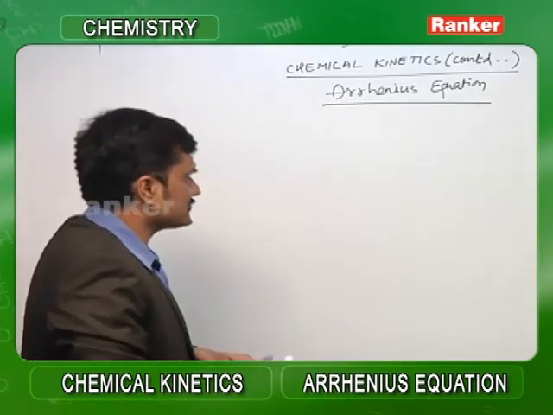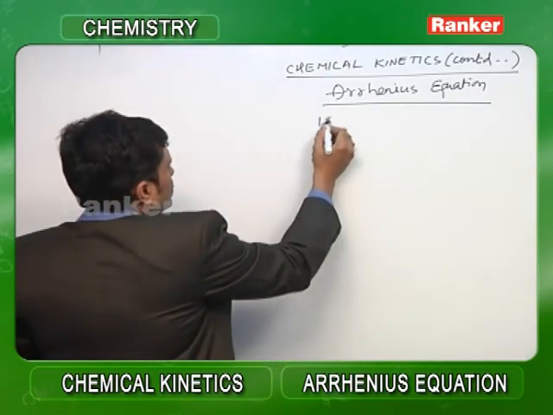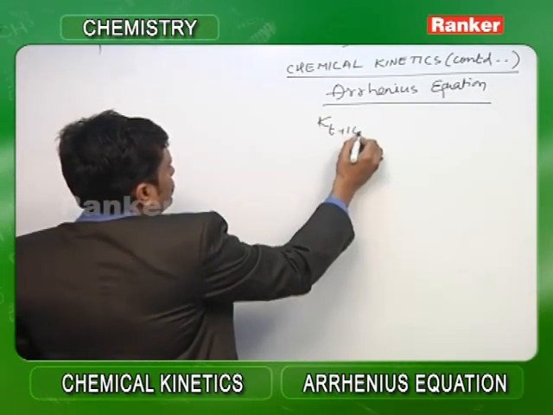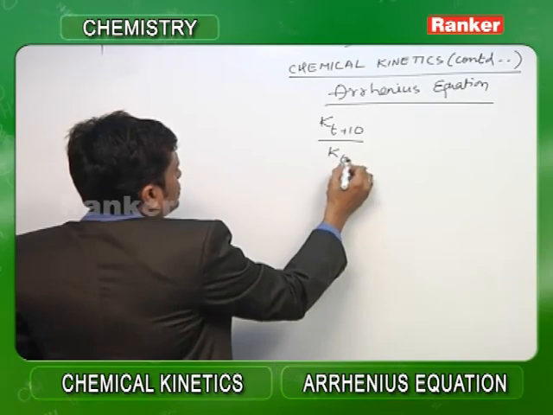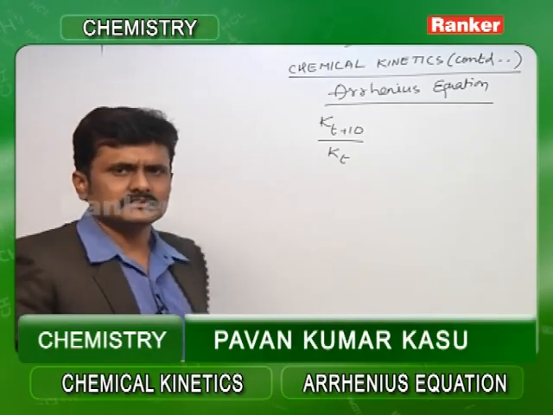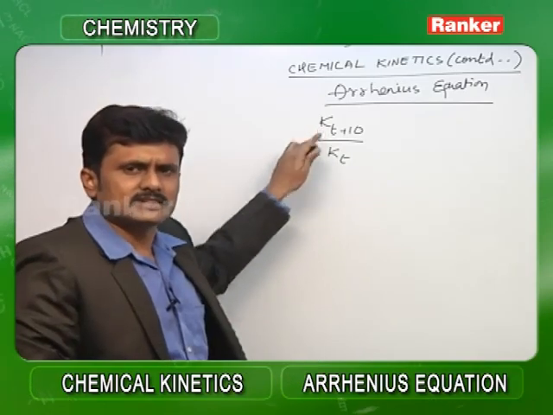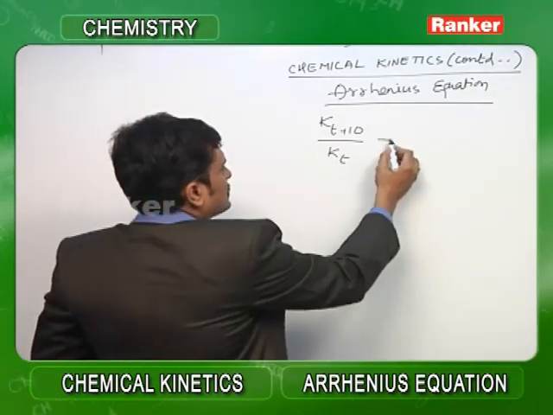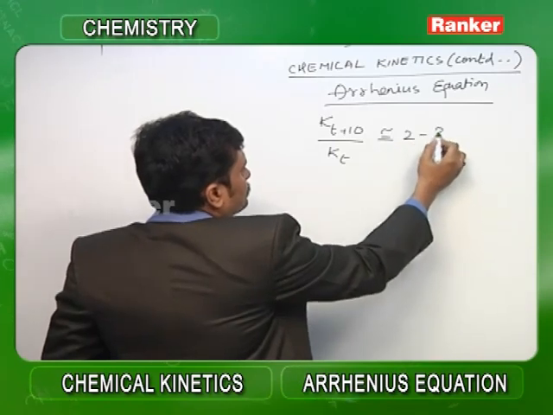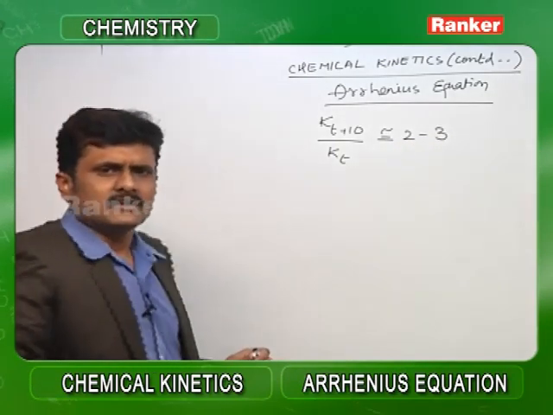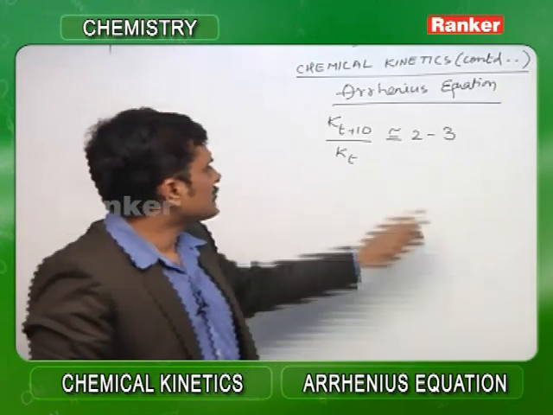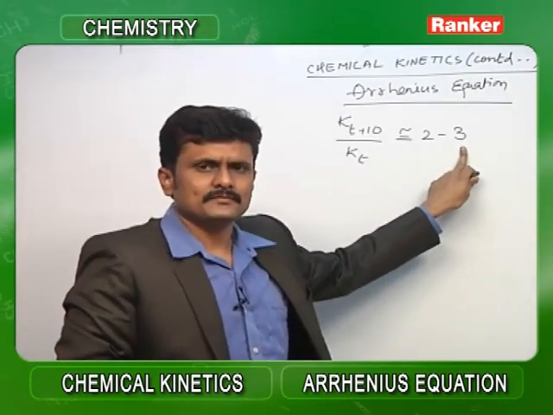What I mean to say is, it has been observed, and experimentally proved, that whenever the temperature is raised by 10 degrees, the rate of the reaction approximately increases by 2 to 3 folds.